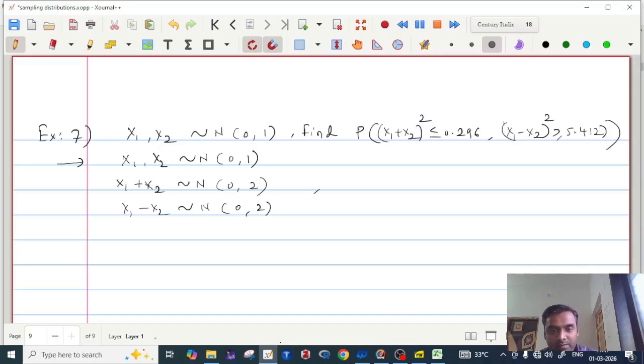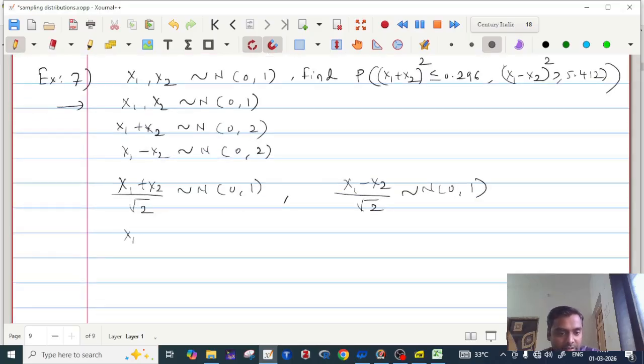By standardizing this, x1 plus x2 minus 0 upon root 2 follows normal 0, 1. Similarly, this x1 minus x2 upon root 2 follows normal 0, 1.